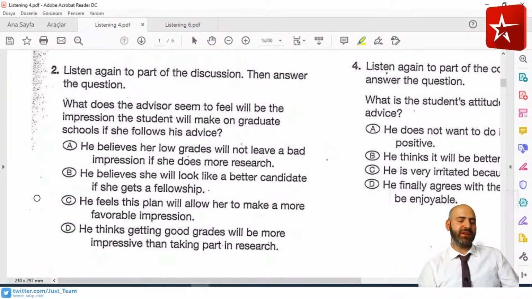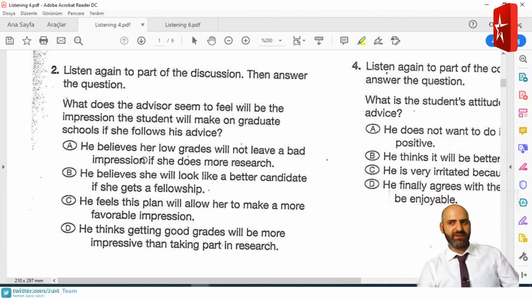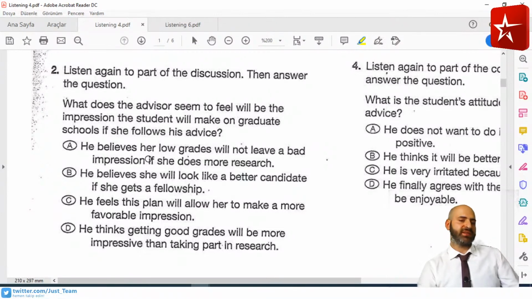A says he believes her low grades will not leave a bad impression if she does more research. The professor said your grades are not that great, so it means grades are low, and definitely he does not believe this. A is incorrect.